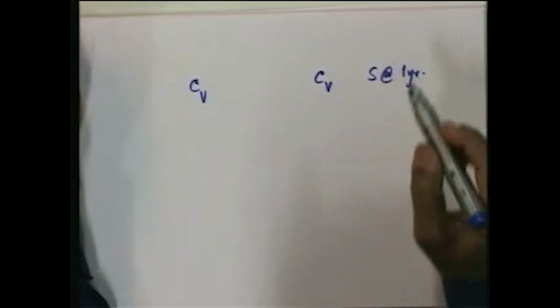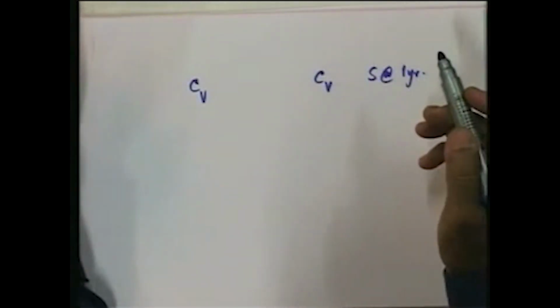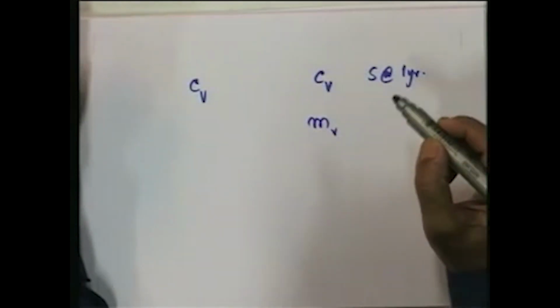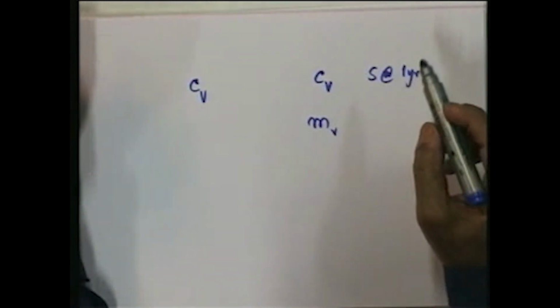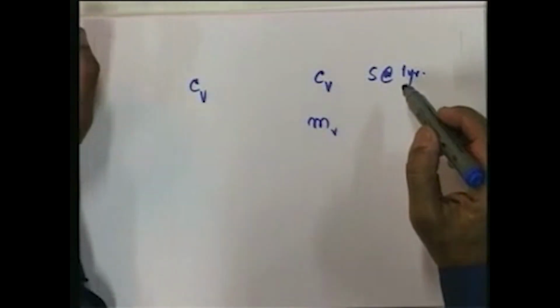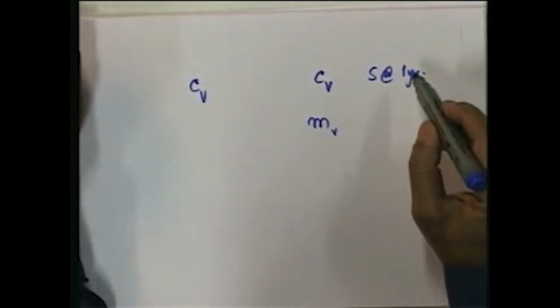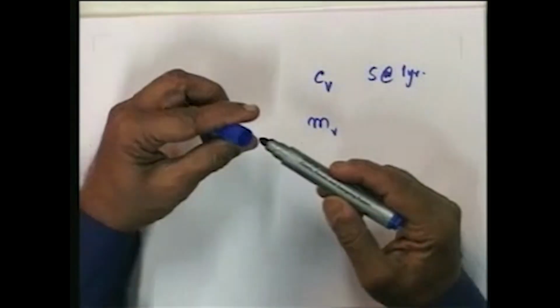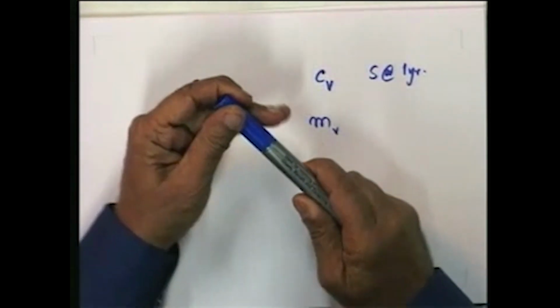You probably remember that we calculated the total settlement based on MV, and since we know that at the end of 1 year 50% consolidation is completed, we calculated settlement at the end of 1 year as 50% of the total settlement. Now, in this problem, as a continuation, we shall see some interesting calculation.